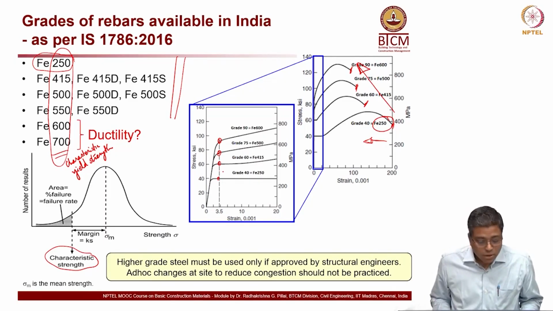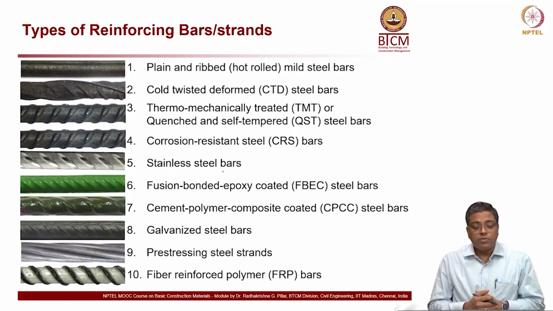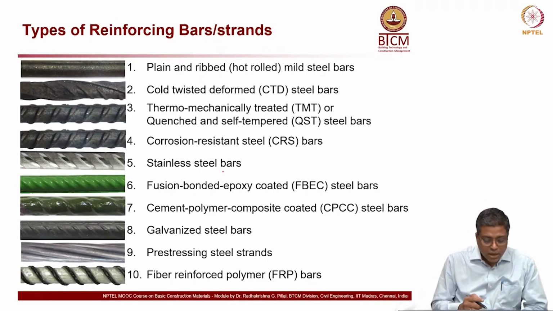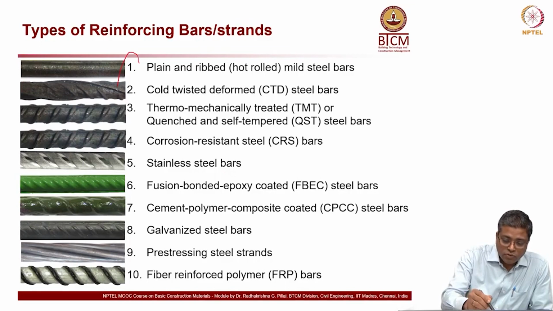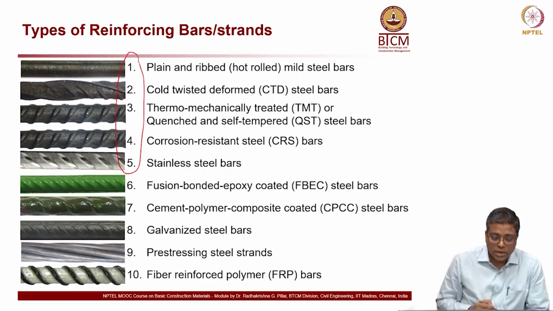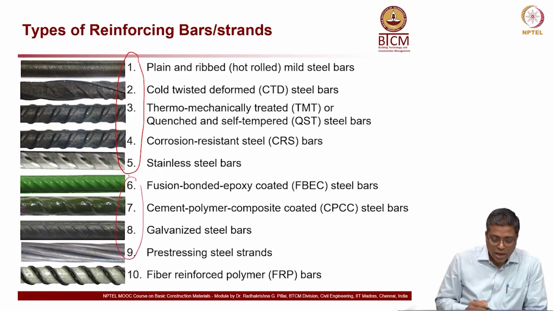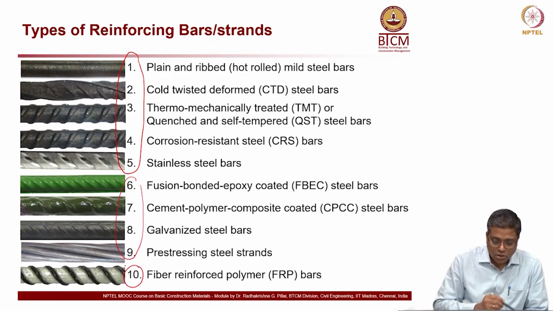Now these are different types of reinforcing bars and strands available in the market. First 1 to 5 we will cover today in this lecture. In the next lecture we will cover 6, 7, 8 and 9, and 10 we will cover in the lecture on composites.